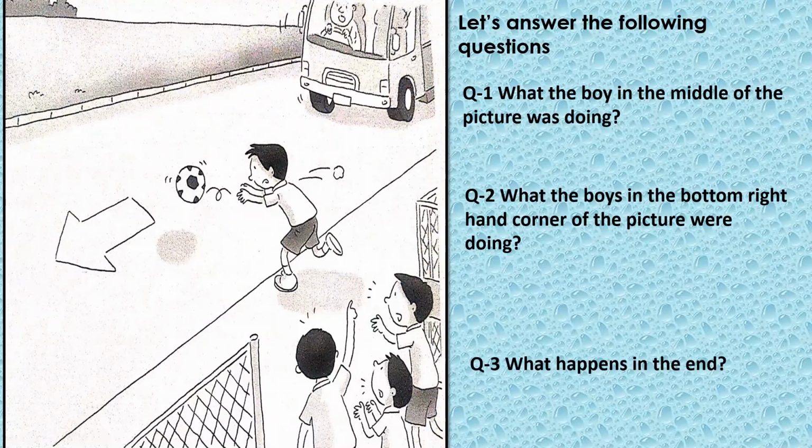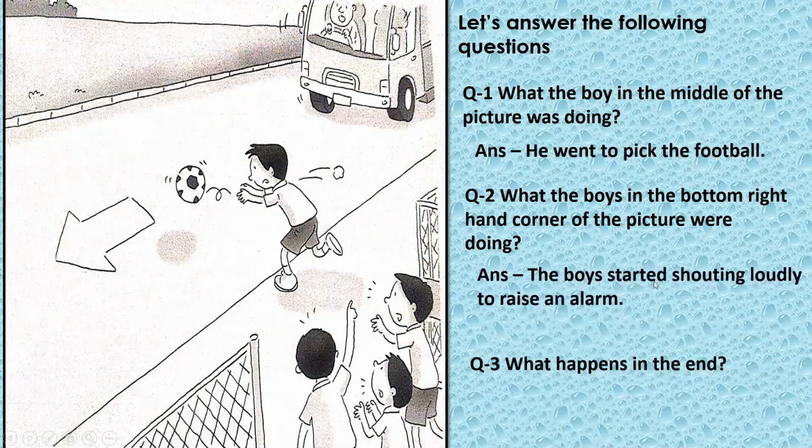So the answer to my first question is, he went to pick the football. The boys started shouting loudly to raise an alarm. Why raise an alarm? So we will try to build the story around that. And what happens in the end is something which you have to form towards the end of the story.